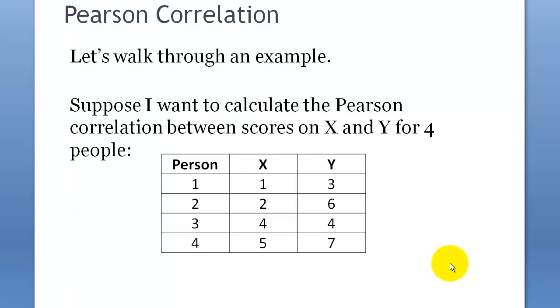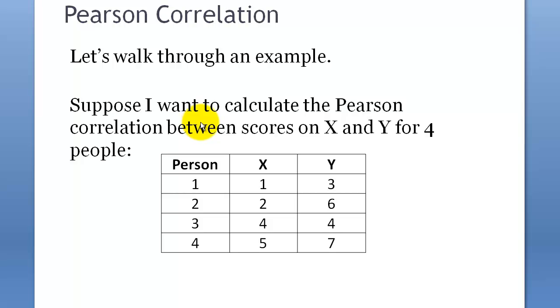Well, let's walk through an example to review what it was. Suppose this is such a small example, there are only 4 pairs in it, and trying to calculate correlation with that is really unrealistic, but for the sake of illustrating how it works, there are only 4 persons.